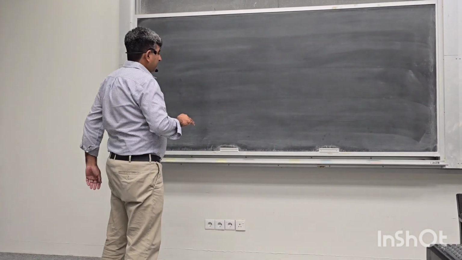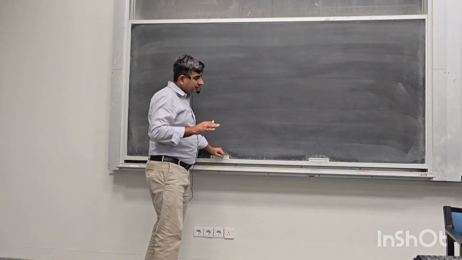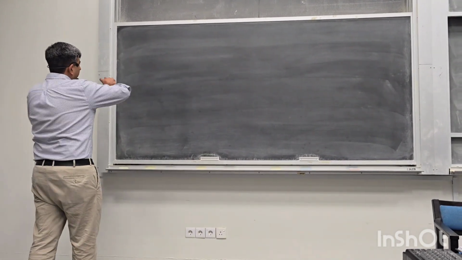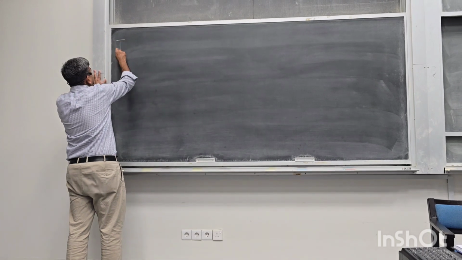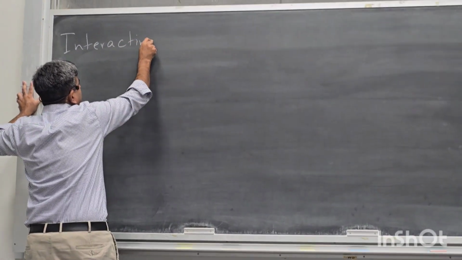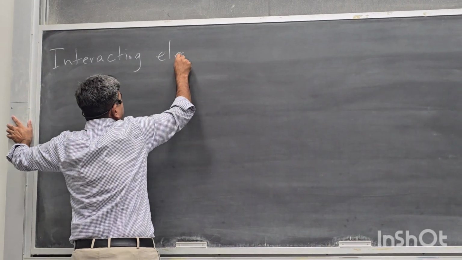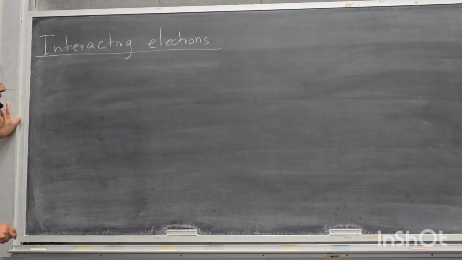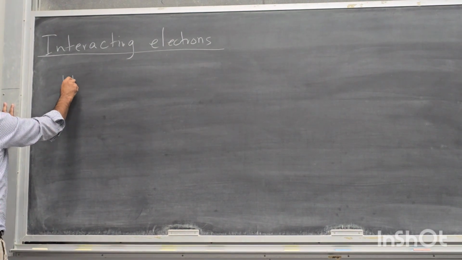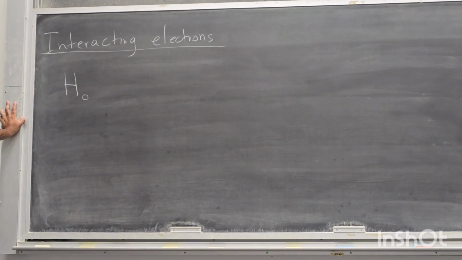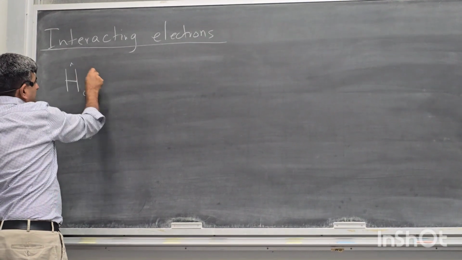So a quick recap, since the previous two lectures were kind of online. First of all, we looked at the Hamiltonian for interacting electrons. And that Hamiltonian we've already derived is given by, it's a ground state, so I call it H naught.